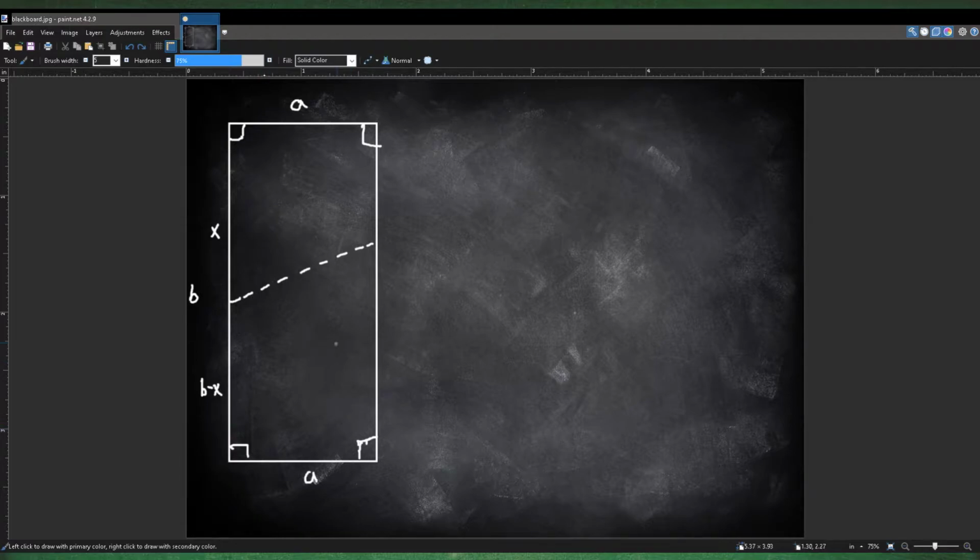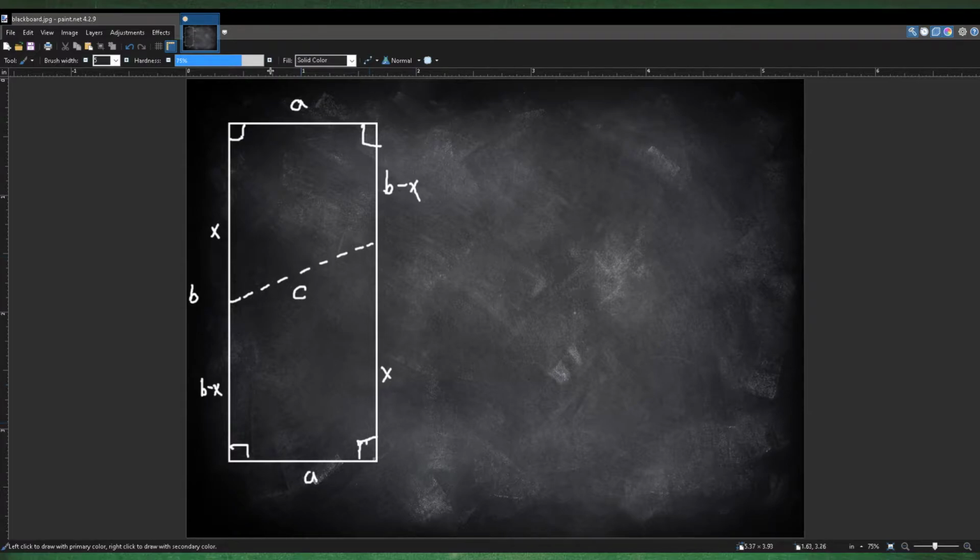So if the opposite of this angle is B minus X, the opposite of this angle is also B minus X. So this one's B minus X, and this one is X. Let's make this a little smaller so I have room. Now we have everything, and let's call this C for crease.